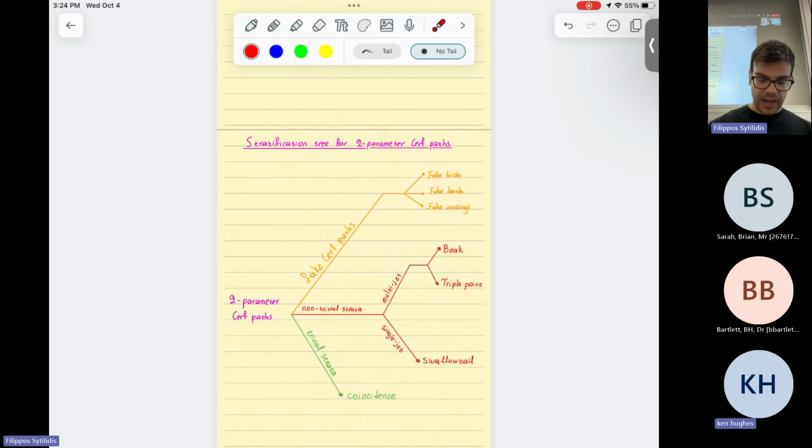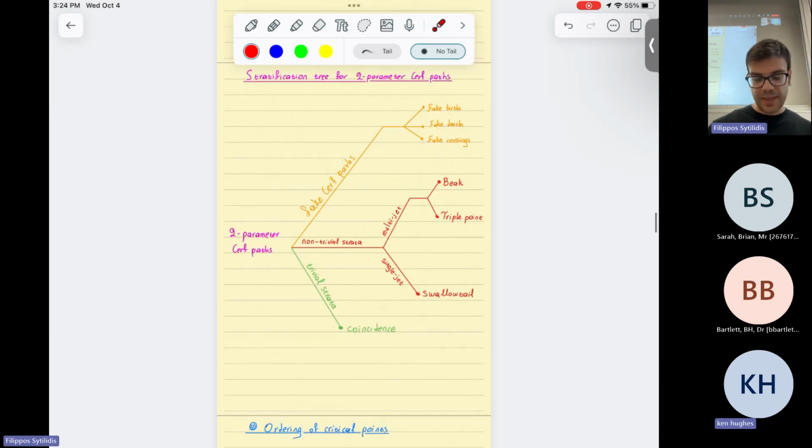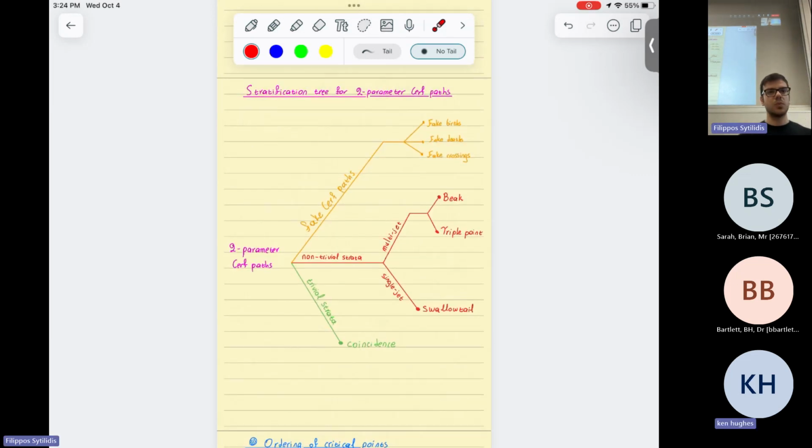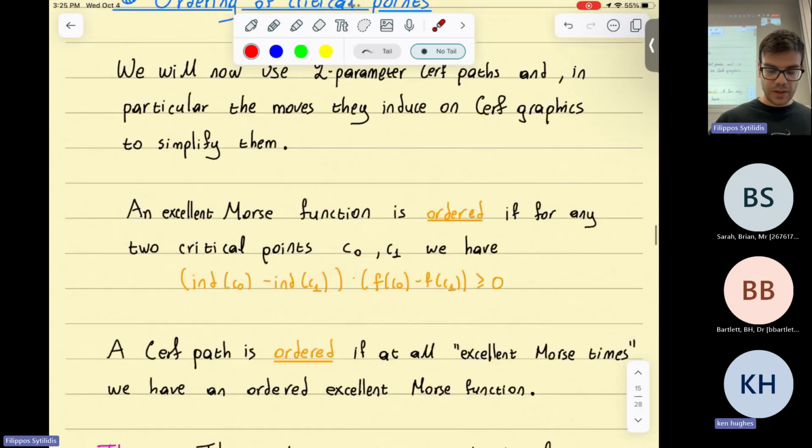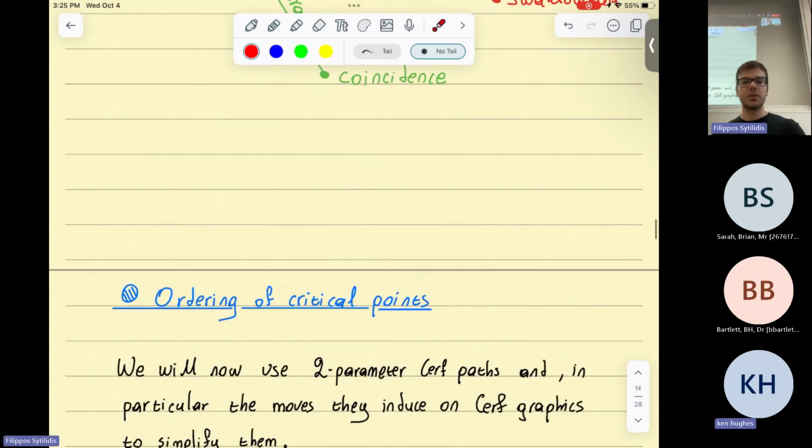And that gives me the description of what the two-parameter surf paths look like. I didn't precisely define them for you, but at least I told you what locally they look like. Okay. Are there any questions, concerns? Because we're going to change page now a little bit.